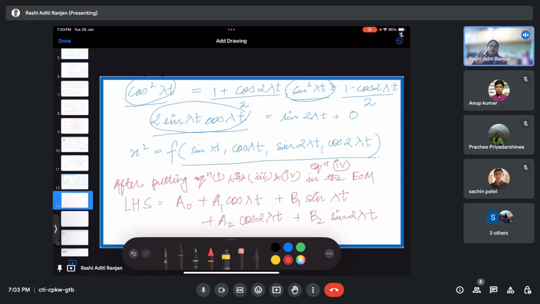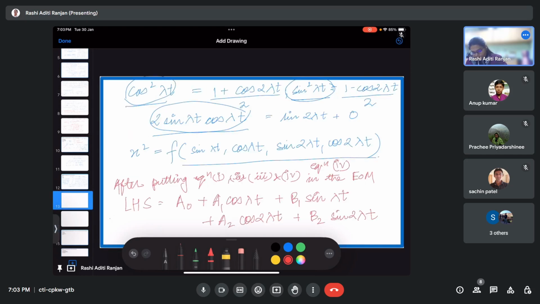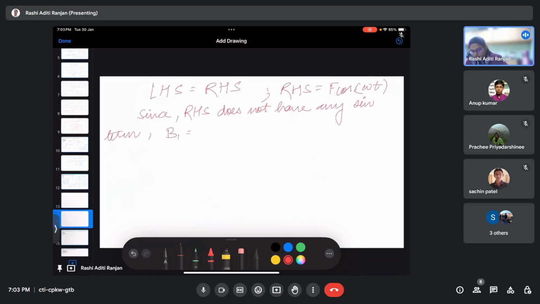If I want to equate the LHS and RHS in order to find the value of the coefficients A0, A1, B1, A2, B2, I know that since the RHS does not have any sine term, B1 equals B2 equals 0, correct?